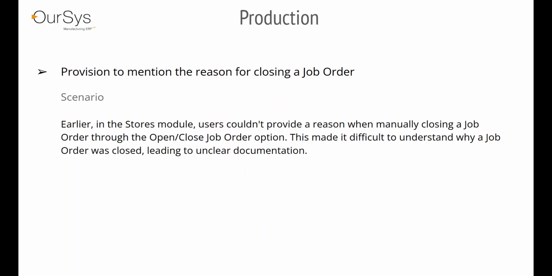So now we have introduced a provision where the user can give the reason while closing the job order. This makes it easier to understand why the order was closed and helps keep a clear record, which can be useful for future reference as well.